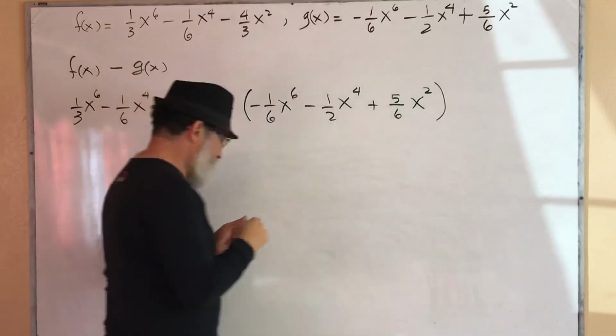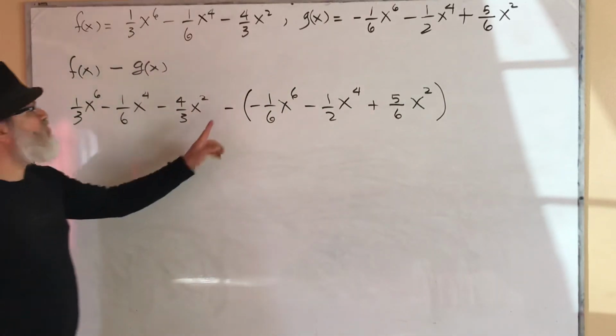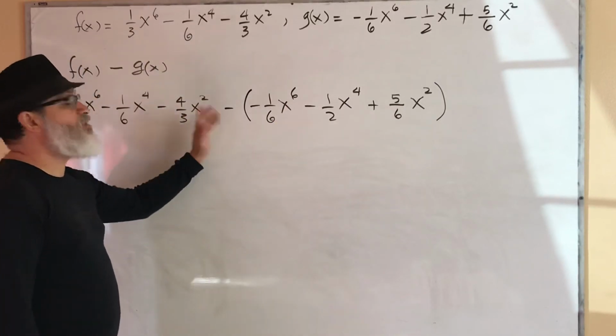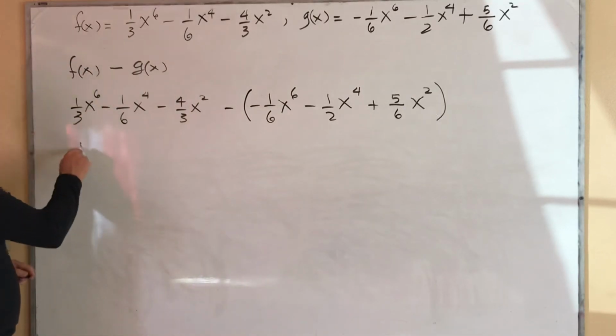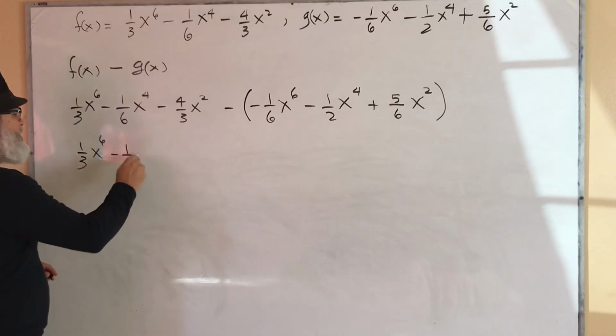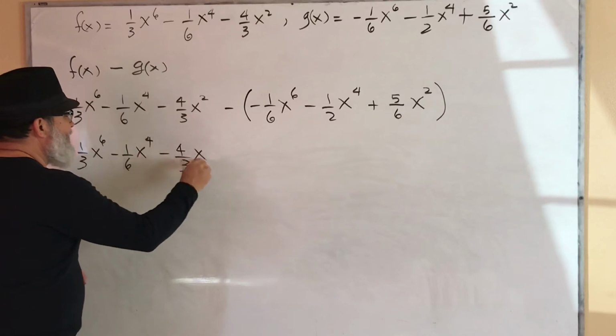Close parentheses. And because we're subtracting, distribute the negative. So this becomes 1/3 x to the 6 minus 1/6 x to the 4th minus 4/3 x squared.